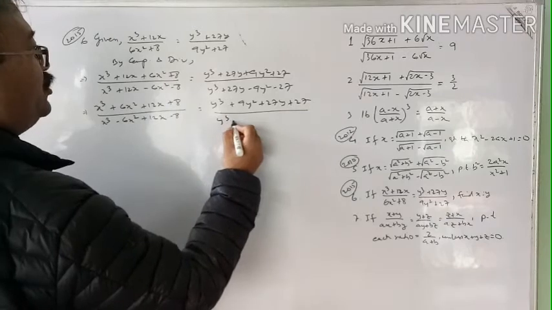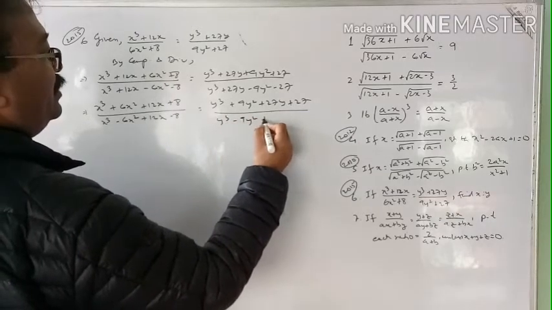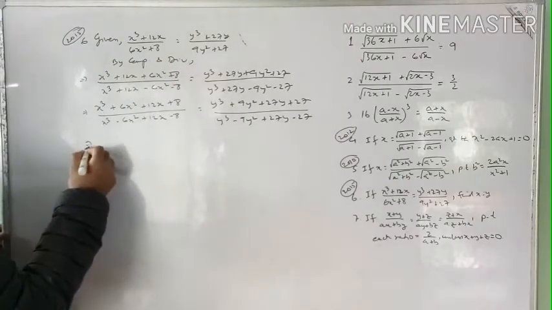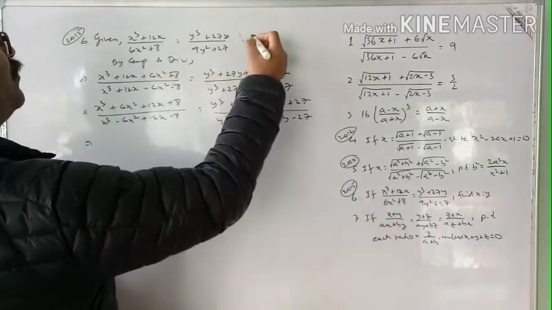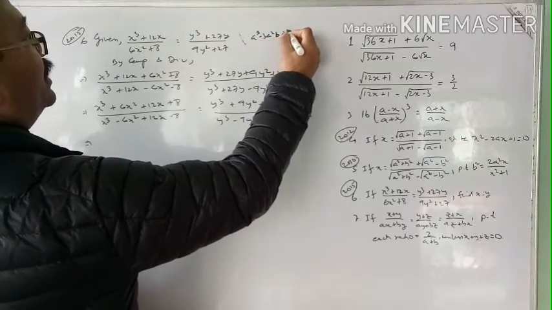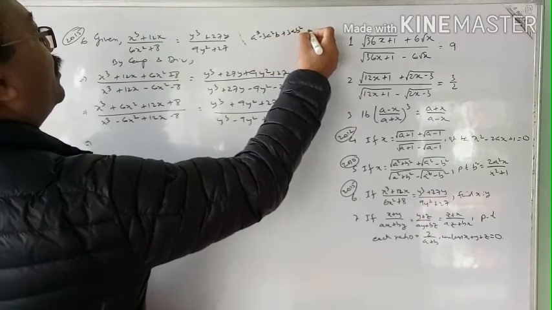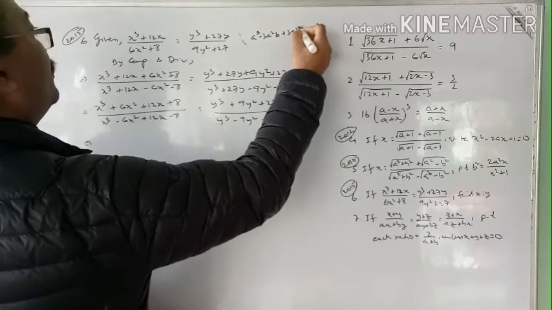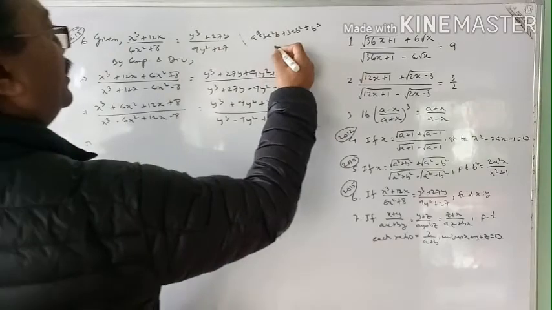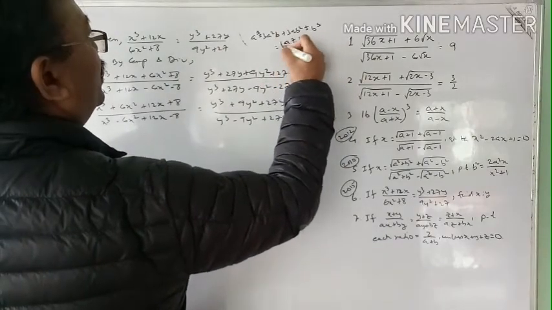Here y cube minus 9y square plus 27y minus 27. Now if you see these terms, actually it's in the formula of a cube minus 3a square b plus 3ab square minus b cube, plus minus, actually both the plus minus. So this will give you a plus minus b whole cube.